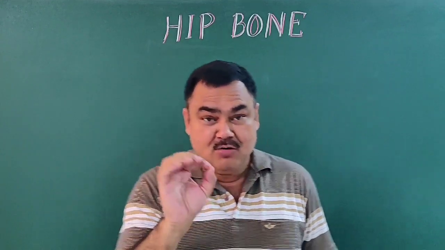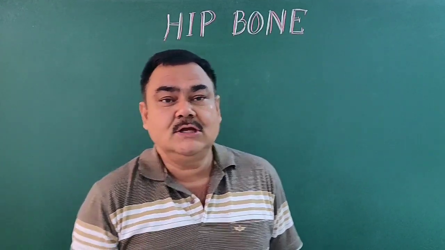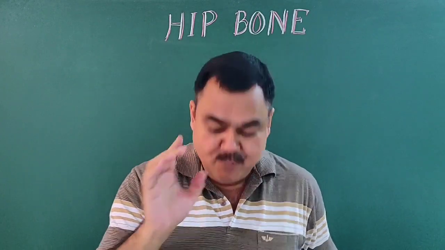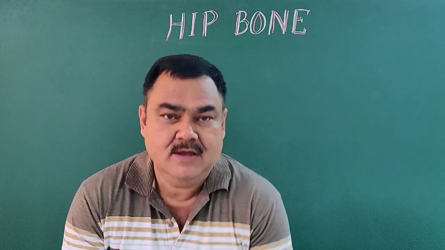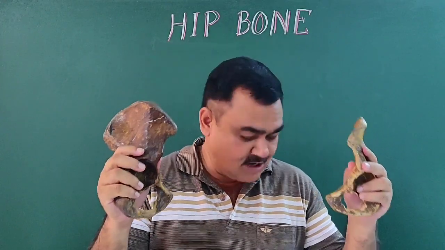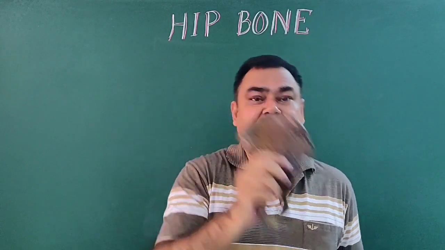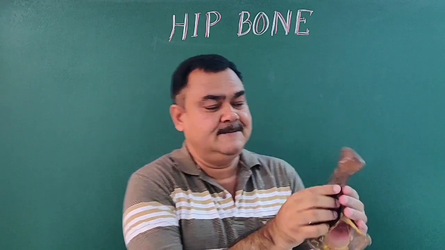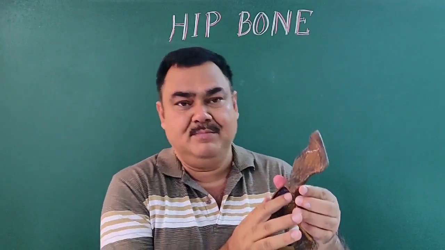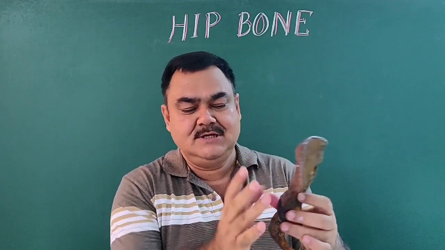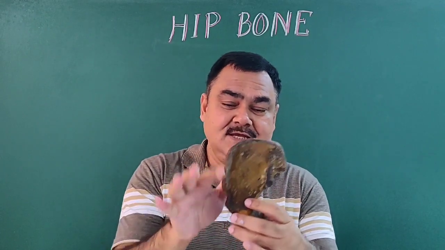Now we'll discuss the side determination and anatomical position of the hip bone. Here you can see these are two hip bones. First of all, we'll discuss side determination. As you have seen in previous lectures, this is acetabulum, and this expanded part which lies above the acetabulum is ilium.